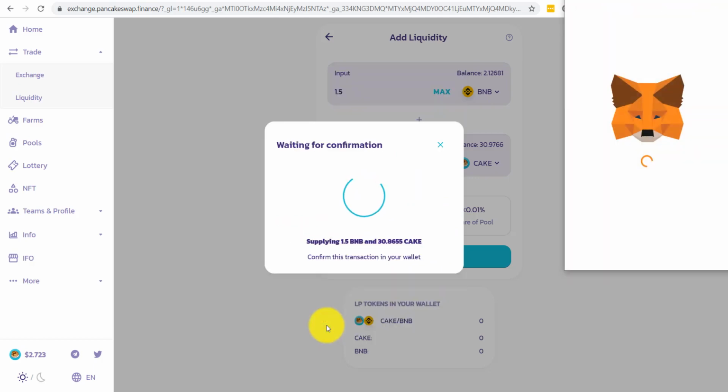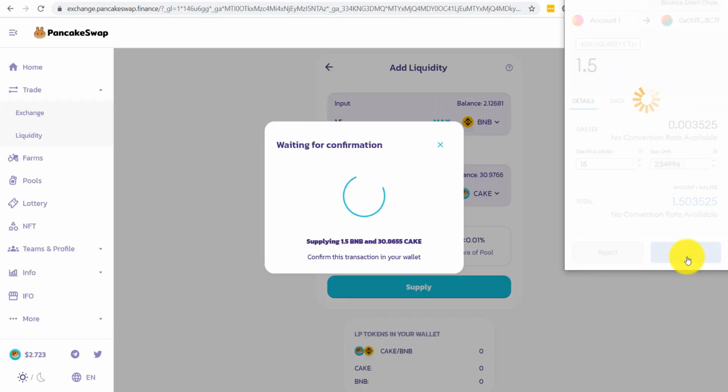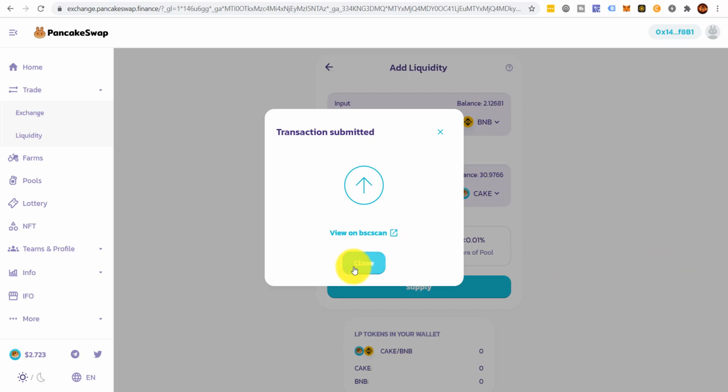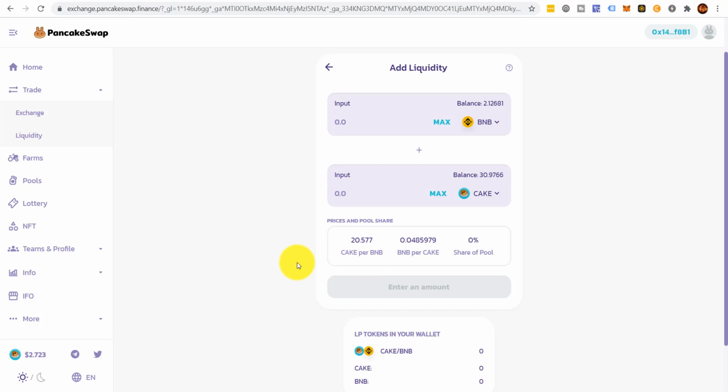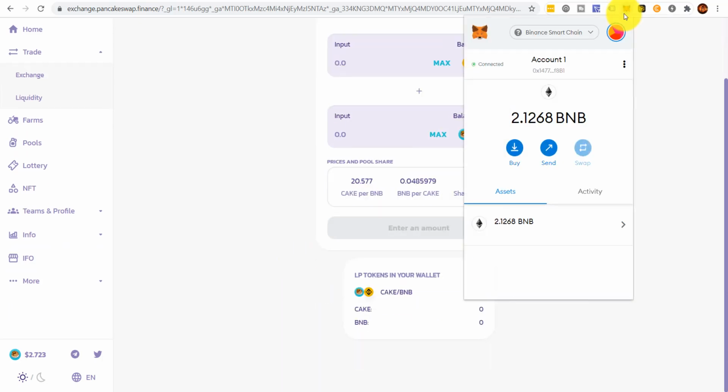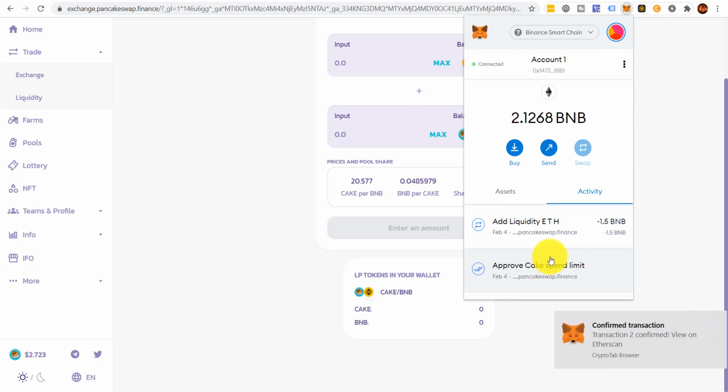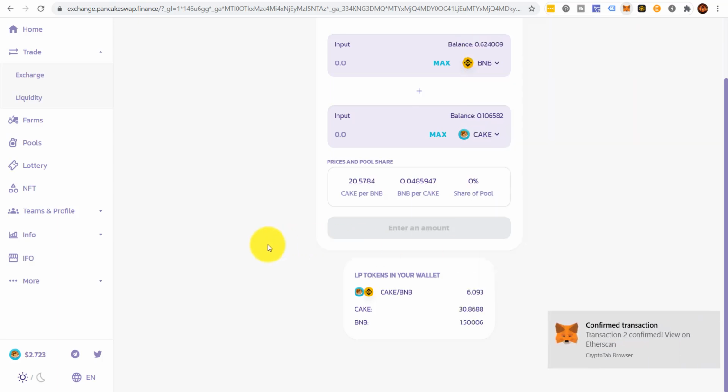This is what we want to do. Click confirm. View on BSC scan, we don't need to do that. Give it a minute. We can see it pending right here. And then it's done. And we have 6 tokens.